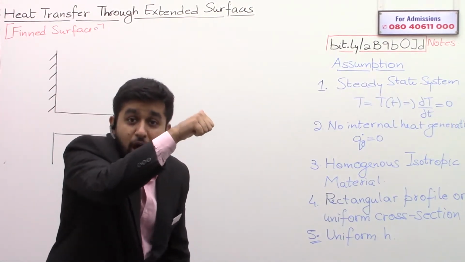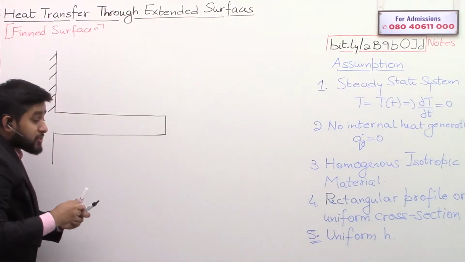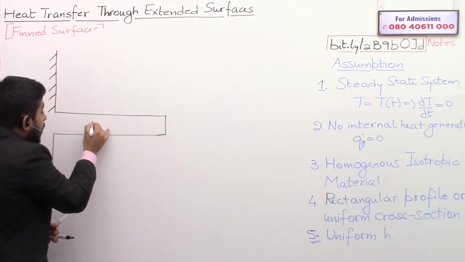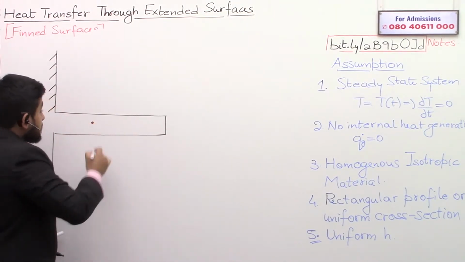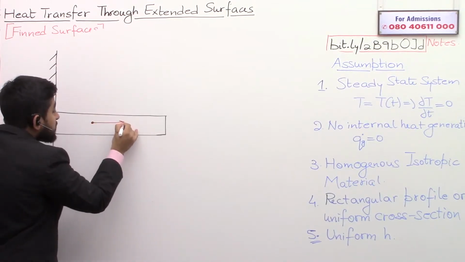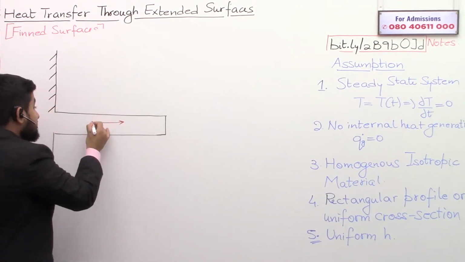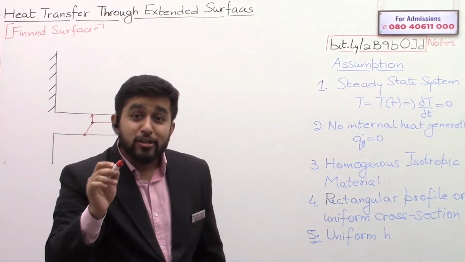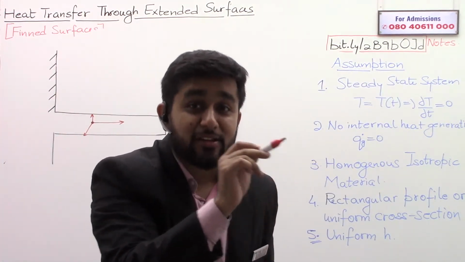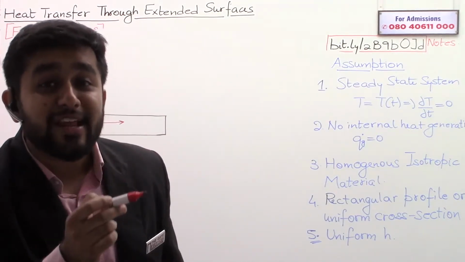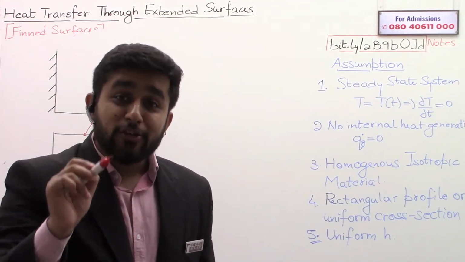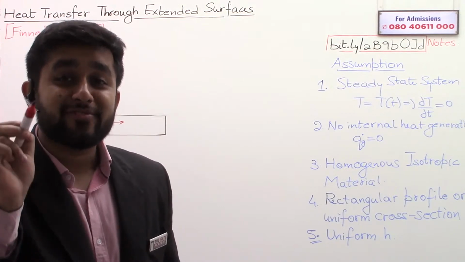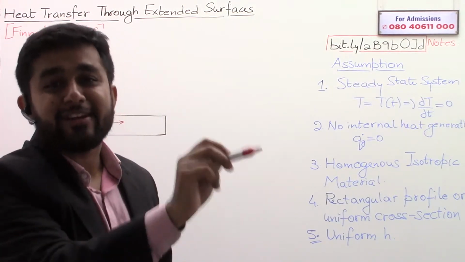Check, just now a few minutes back you guys told me that if I take a point inside the material, definitely from this point some heat is going towards the tip and some heat is going towards the periphery, right? So heat is not only flowing along the x direction but along the y direction as well as z direction, and heat only flows along the direction where the temperature decreases.